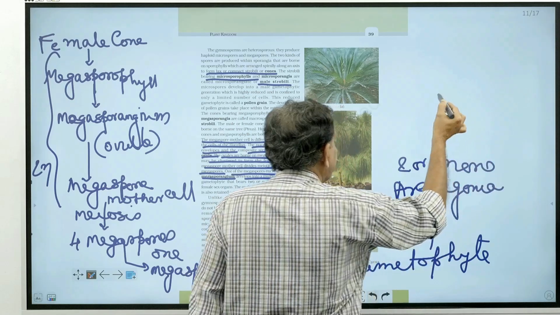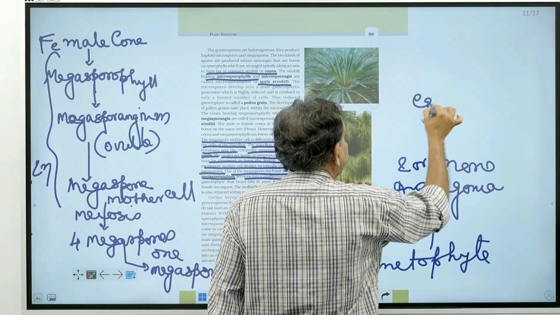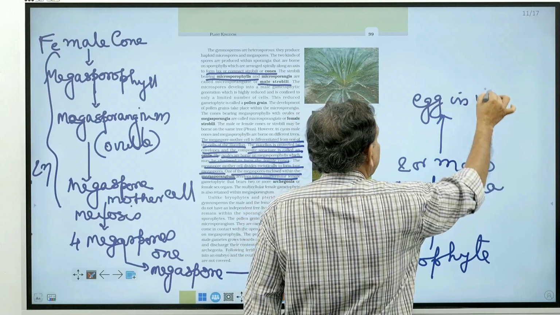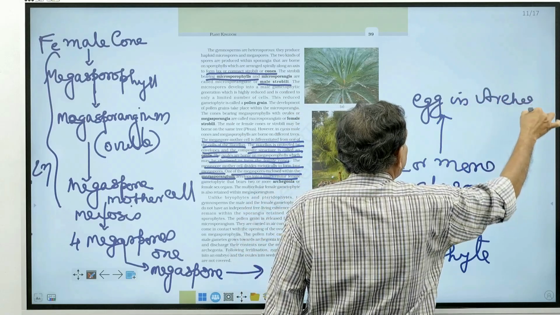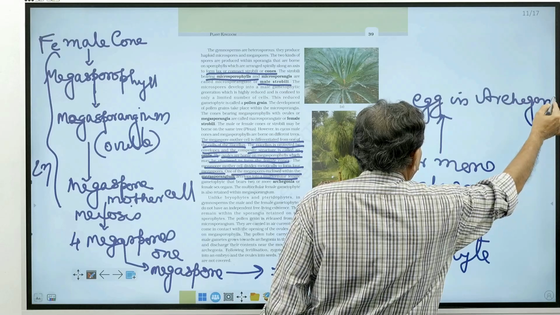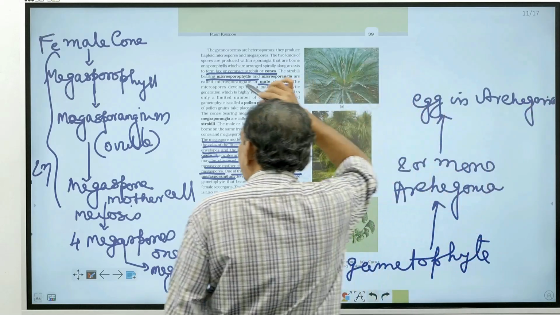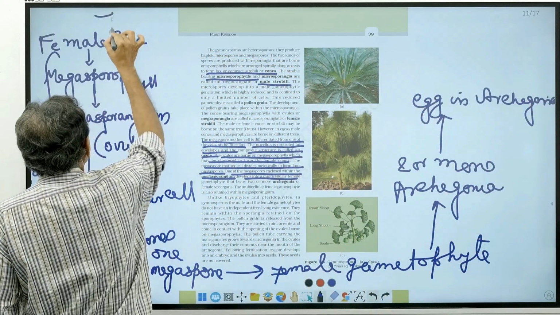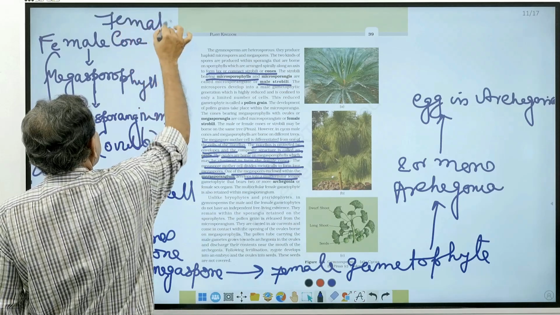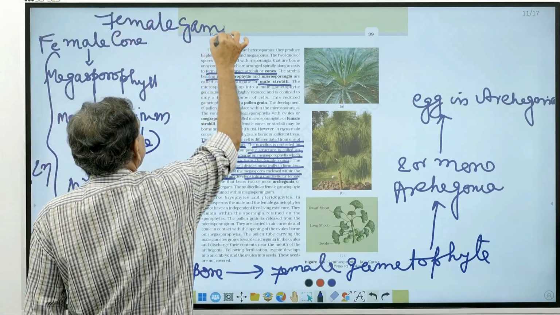Each archegonium contains an egg. This whole process is called female gametogenesis.